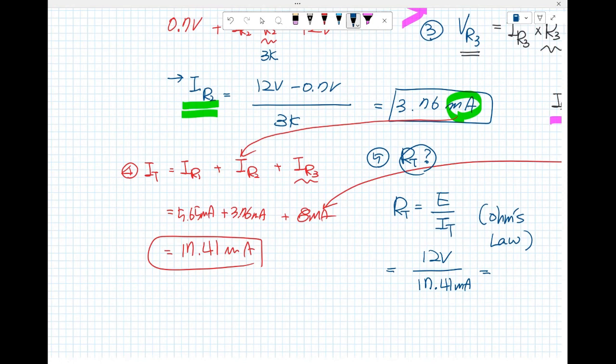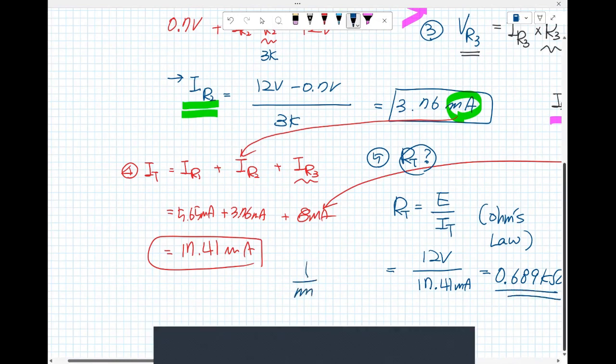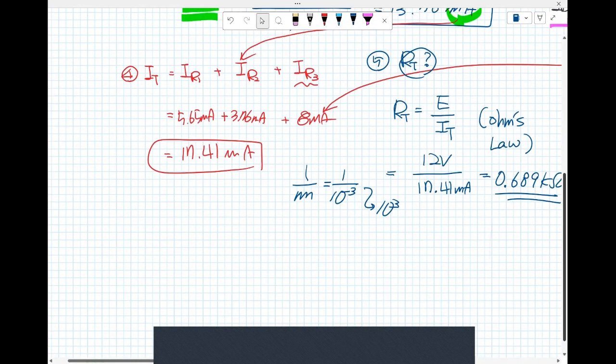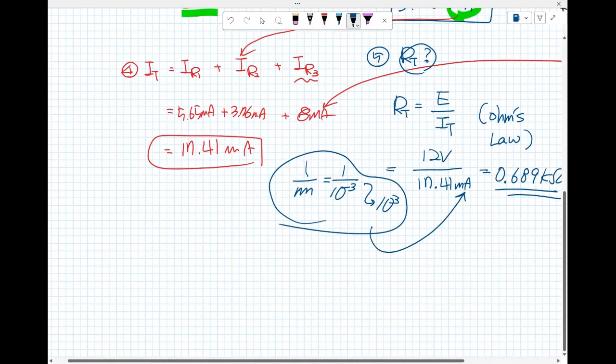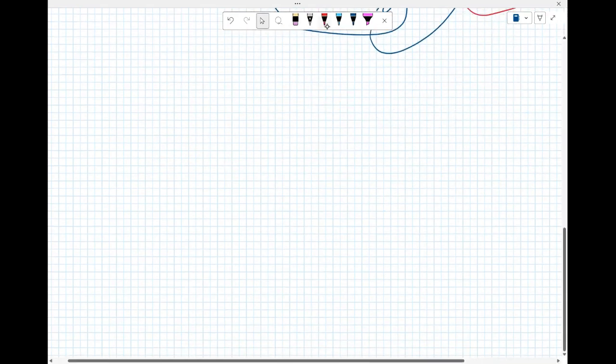After calculation, 12 divided by 17.41 is 0.689 kilo ohm. Why? Because 1 milli is 10 to the minus 3, and that was the 10 to the 3. So this is why it is kilo. Okay. All right. Any questions? Okay. So the second question is for.